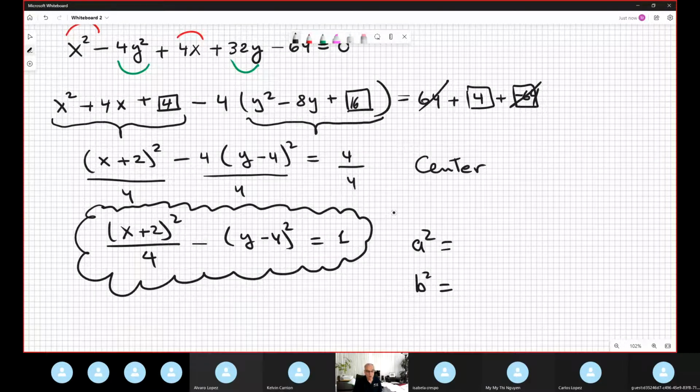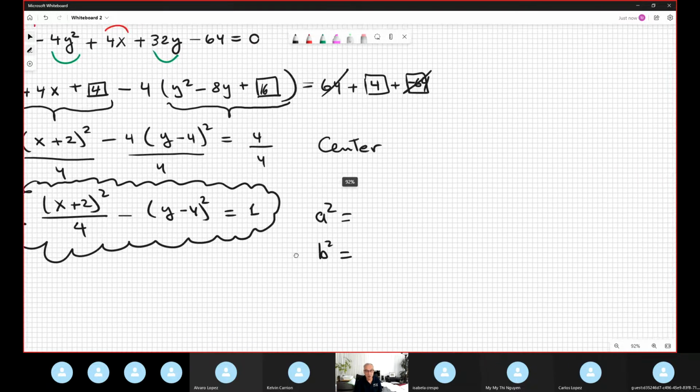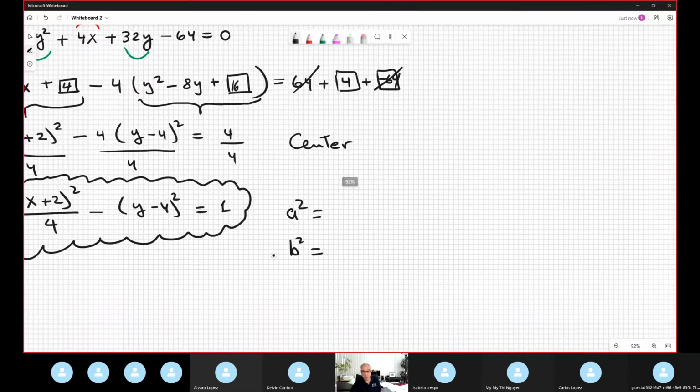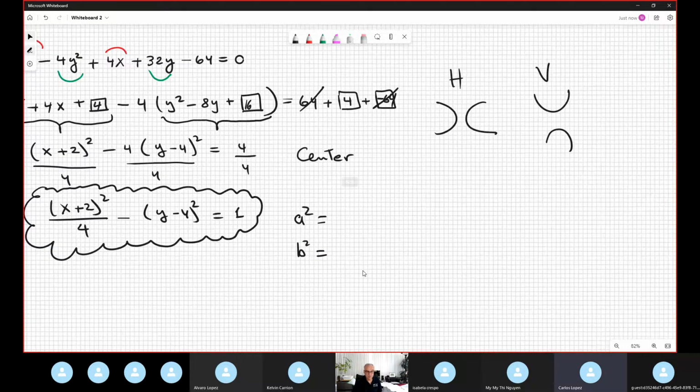And one more information we need. What kind of hyperbola we have? Is it horizontal hyperbola or vertical hyperbola? Come on, 3 questions. Center, who help me? At what point look at the center of the hyperbola? Center is -2, 4. Excellent. -2, 4. Very well.